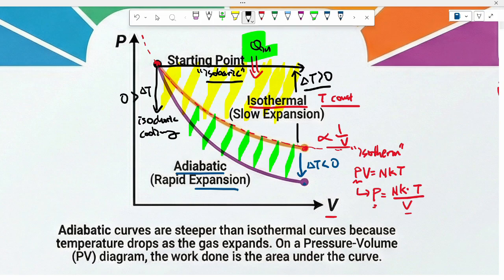Or there could be isochoric heating. That would be at the same point, but going straight up. This would be isochoric heating. Again, some sort of heat transfer that causes a positive change of temperature. But moving along this vertical line, there's no work being done. So either way, the amount of work being done is zero.